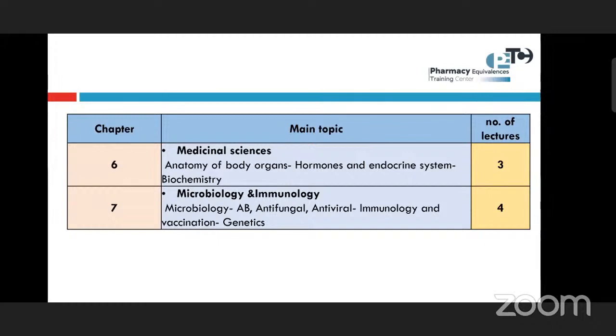Those two questions are common in the exam, and after this lecture, we will be able to answer them in an easy way. Okay. Also, we have a complete lecture about antibiotics and antivirals, and also the fourth lecture about immunology, vaccination, and genetics, which have very important questions in the exam also.